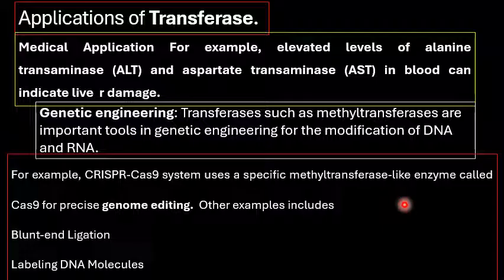It allows this process to go on and can usually identify this DNA. So it helps in labeling. So when it can transfer molecules to the DNA, which allows DNA to fluoresce.